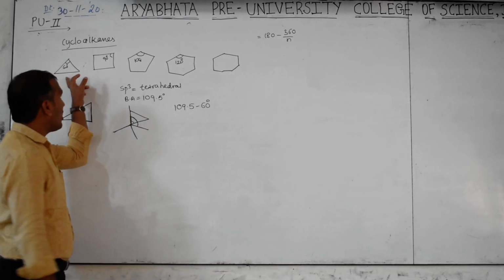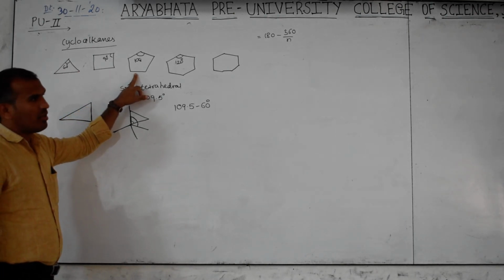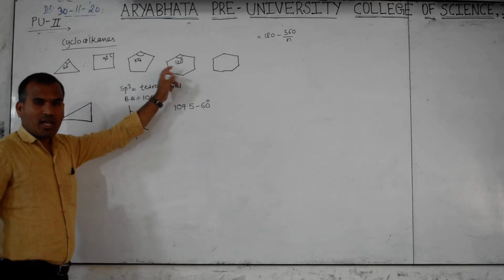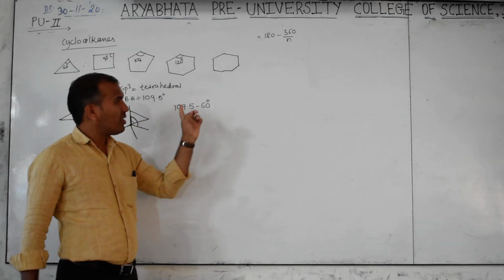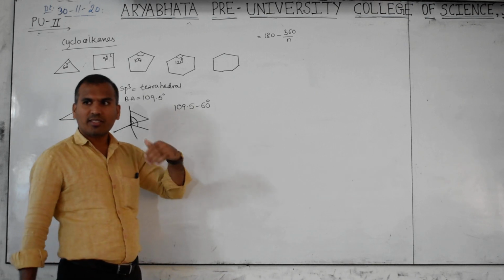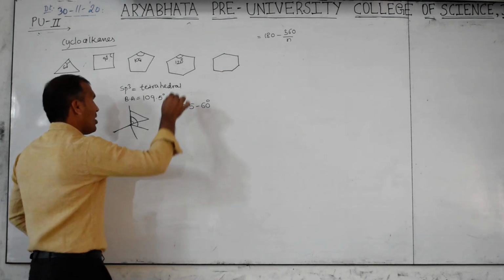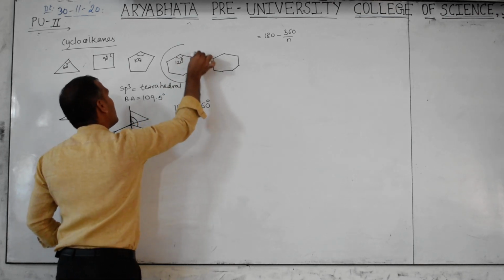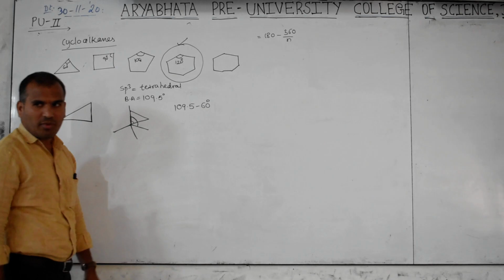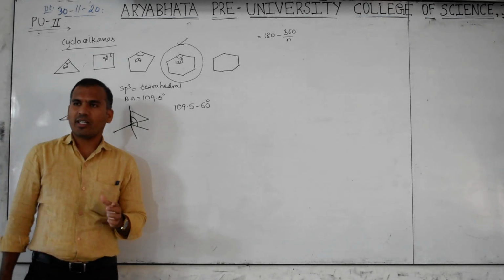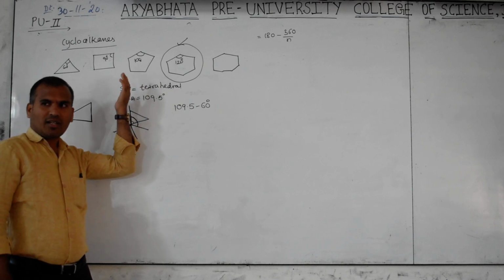So these 1, 2, 3 are less stable. This is more stable. Again, if you compare this angle with 109.5, this is different, so this is also unstable. So the most stable one is the 6-member ring. Remaining all are unstable. So one general statement: only the 6-member ring is stable, and the lower or higher ones are unstable.